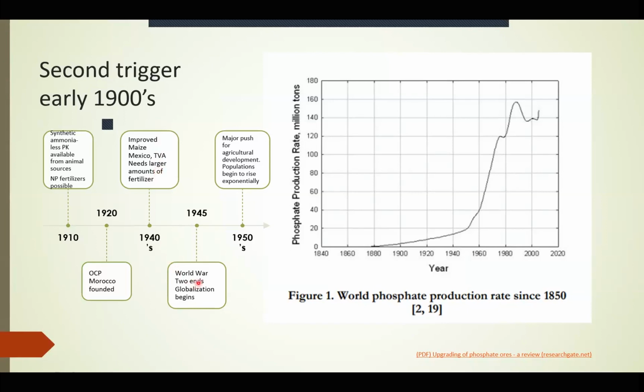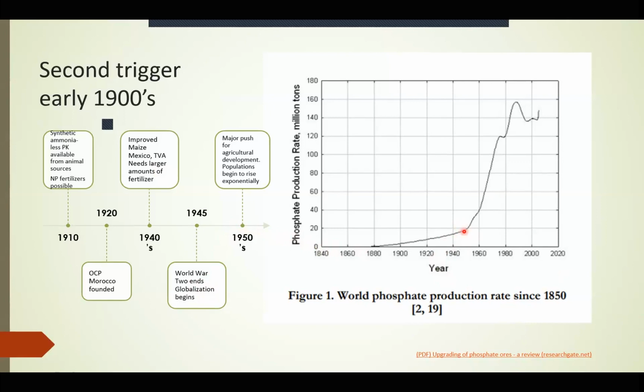1945, World War II ends, the whole globalization starts to begin. And then there's a major push for agricultural development across the world. So really 1945, right at the end of World War II, world populations are starting to actually increase if you look all the way through. And also the advent of these concentrated fertilizers, including the phosphate, allow easier use of these phosphates.